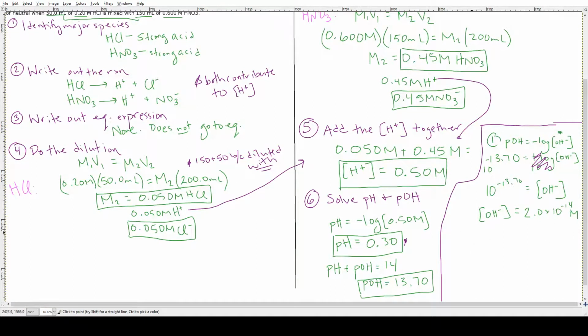Oh my gosh. Sorry about that. The other way you could solve for this would be to say, well, I know that the concentration of my hydrogen ions times the concentration of my hydroxide ions is always equal to 1.0 times 10 to the negative 14th. And I know the concentration of my hydrogen ions. It's 0.50 from up here. So 0.50 times the concentration of my hydroxide ions.